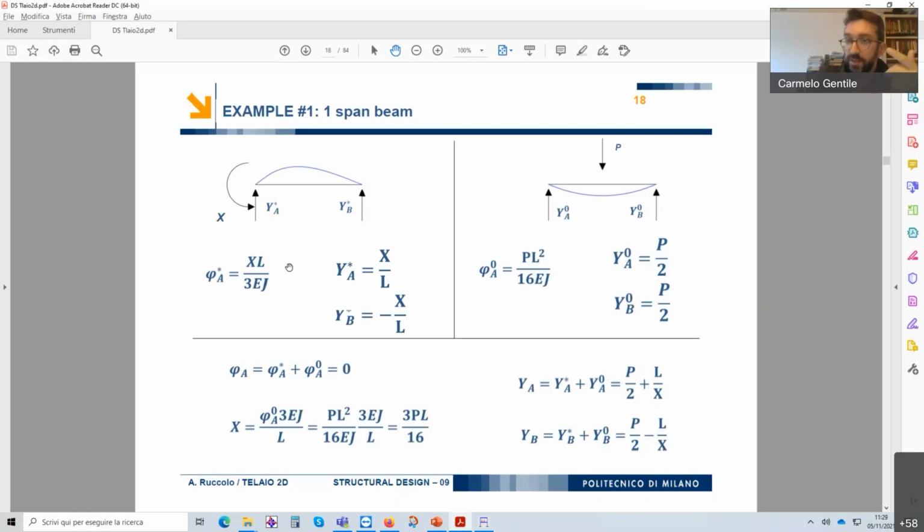If I have a statically redundant structure, I should worry only if I have different elements, different stiffness in my problem. If the material is always the same, and the cross sections are always the same, I can neglect it, because they only have the same E and the same iota, and then I can just simplify them when I impose the compatibility equation.